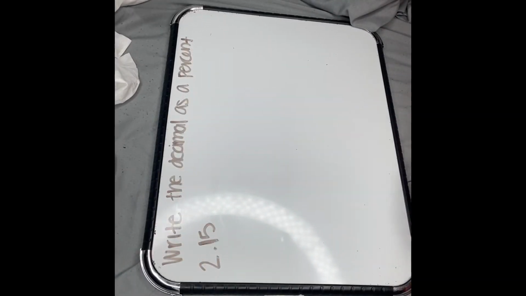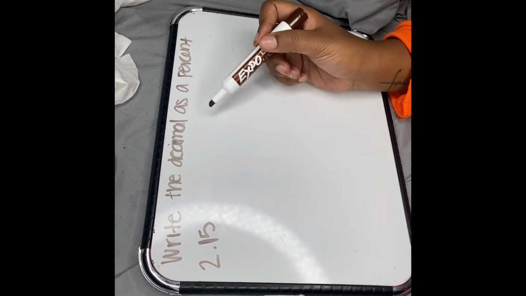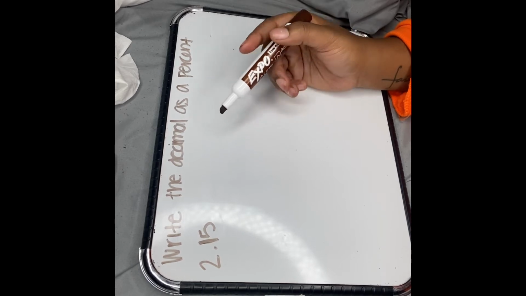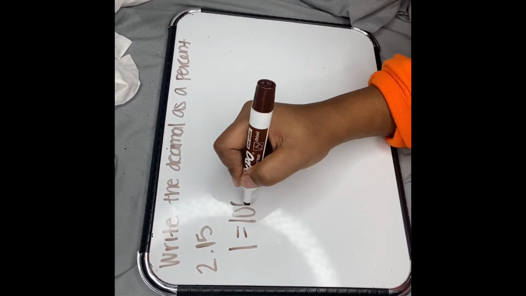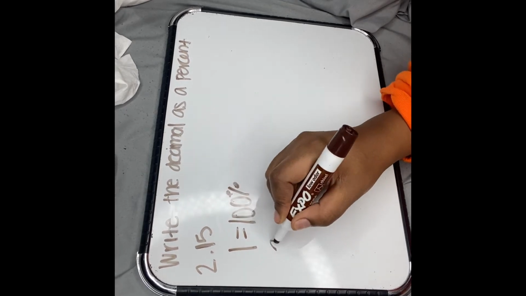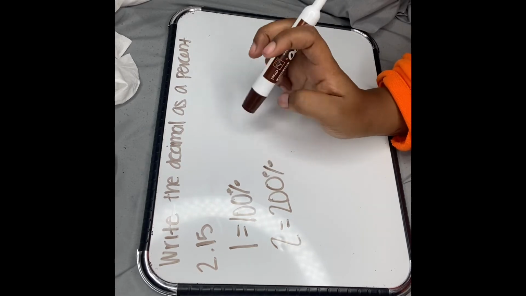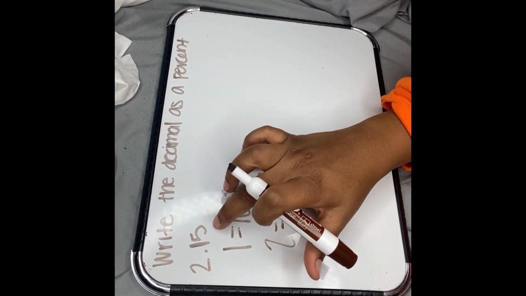So now we are writing the decimal as a percent. In the example before, I just showed you that when you get the decimal after dividing the number, you move the decimal point over 2 spaces to give you the percent. So we know that 1 whole is equal to 100%. So that means 2 wholes is equal to 200%. This is going to be more than 2 wholes because it's 2.15.